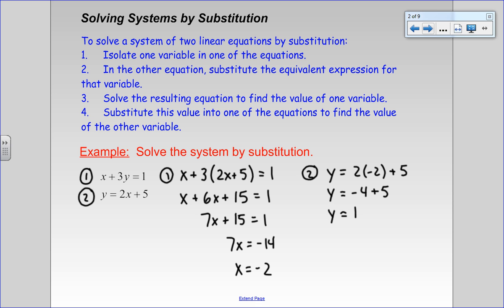Therefore, y equals 1. So the solution of the system is x equals negative 2, y equals 1. Remember that this can be written as an ordered pair, negative 2, 1, indicating that if we were to solve this system graphically, by graphing each of these two equations, we would see two intersecting lines, intersecting at the point negative 2, 1.